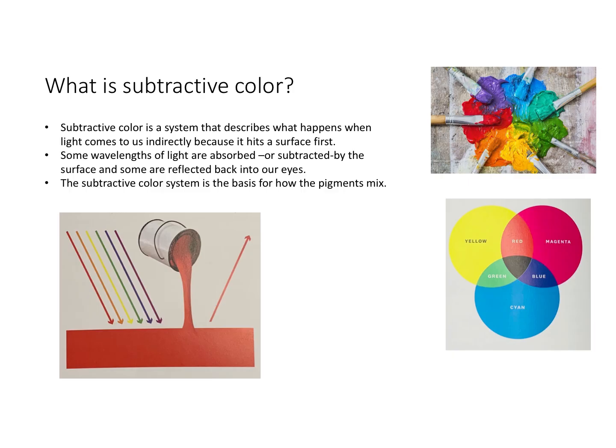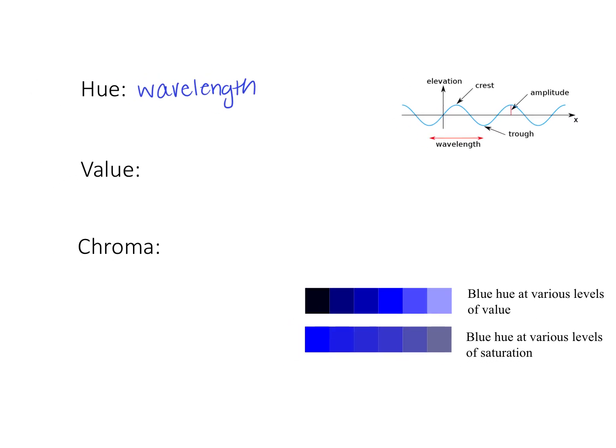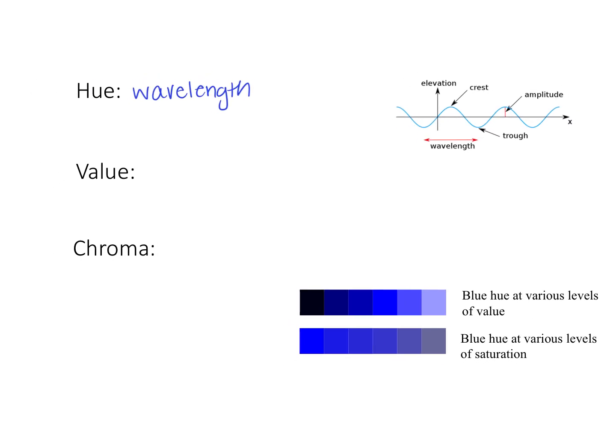Other things to consider when we talk about color are hue, value, and chroma. Hue represents a color without reference to how dull or saturated or dark or light that color is, and it corresponds to wavelength. So when we talk about the wave and the different wavelengths, hue is the wavelength.